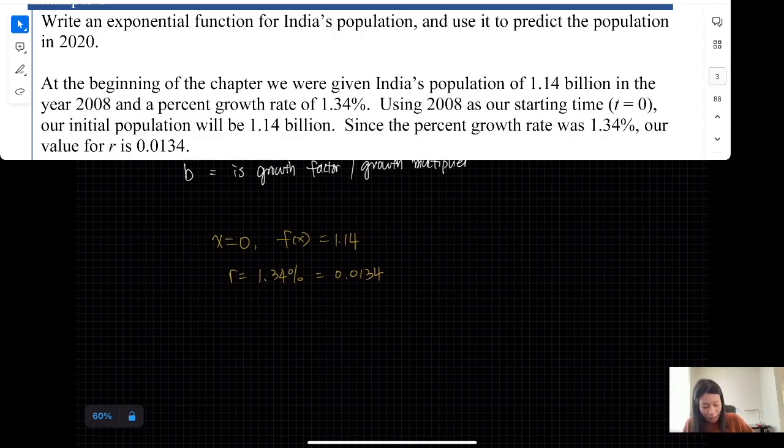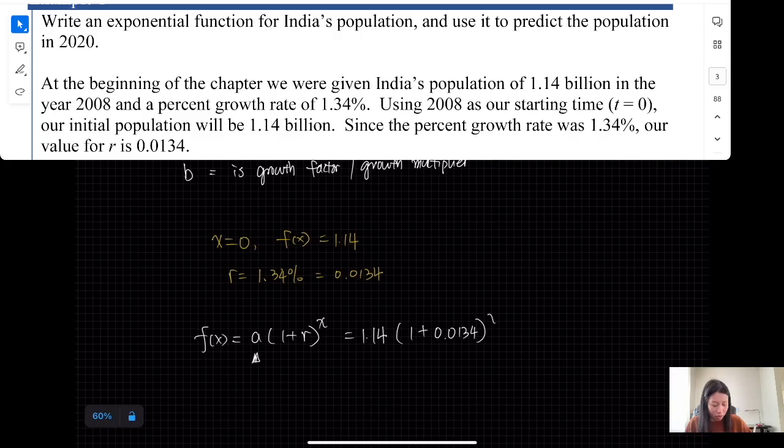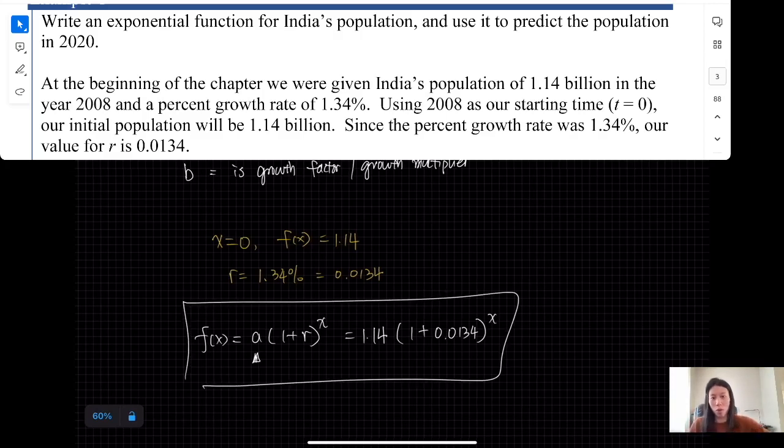We know that an exponential function should be in the form f(x) = a times (1 + rate)^x, and a is the initial value. If we let 2008 be the starting time, our initial value is going to be 1.14 times (1 + the rate)^x. So this is our function for the Indian population.